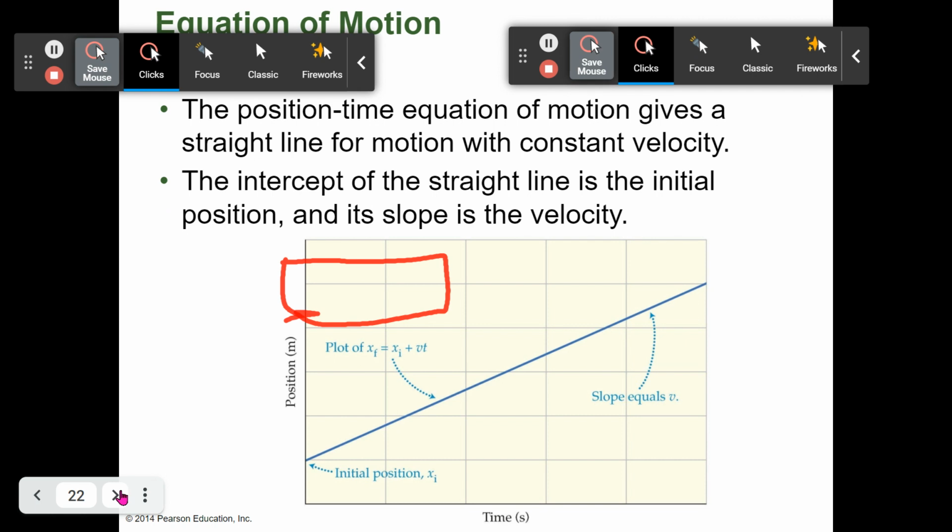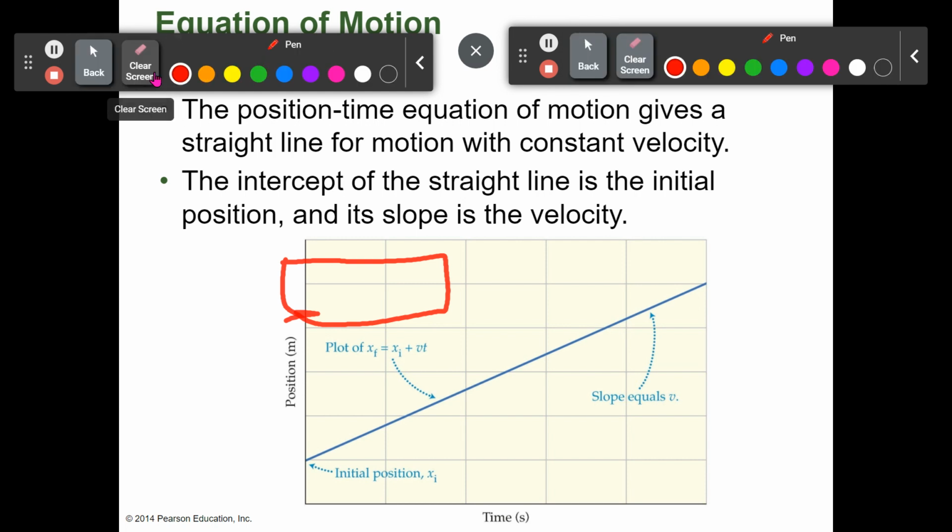All right, so there's an example of our position versus time graph. Here's our initial position. Our final position is going to depend on how long we move and how fast we move. So what other equation does this look like in math?